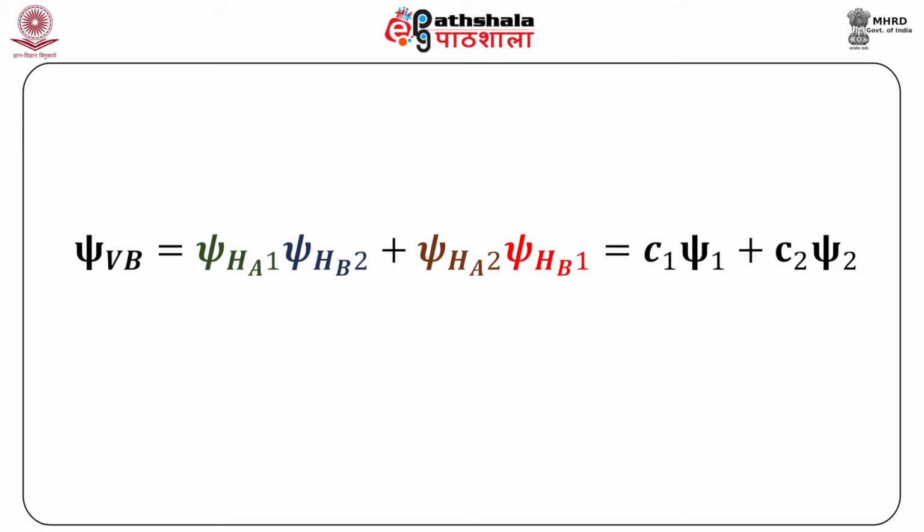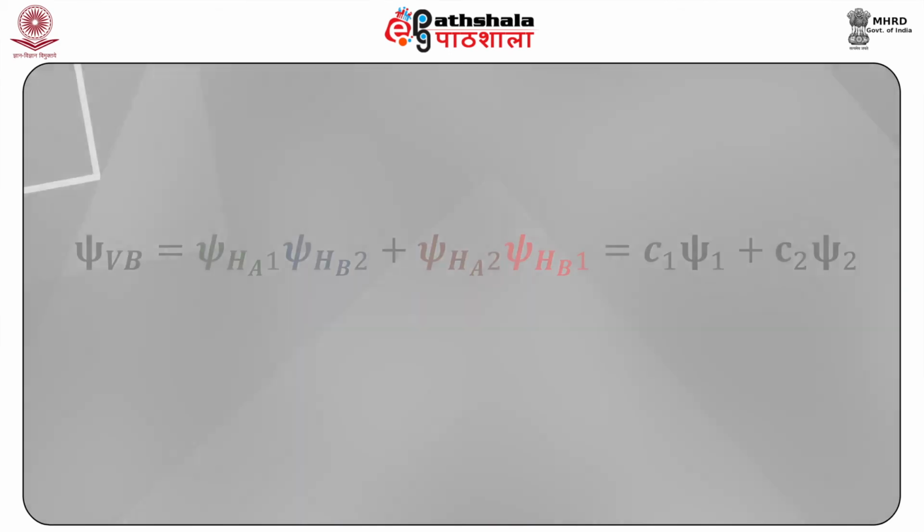Now the second possibility is where electron 2 is around nucleus A and electron 1 is around nucleus B. Therefore, we are taking the linear combination of both the possibilities, and it can be written in a general form as psi valence bond is equal to C1 psi 1 plus C2 psi 2.